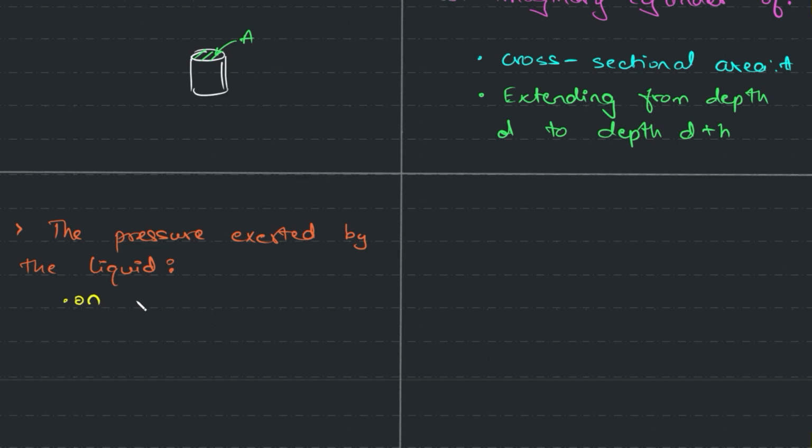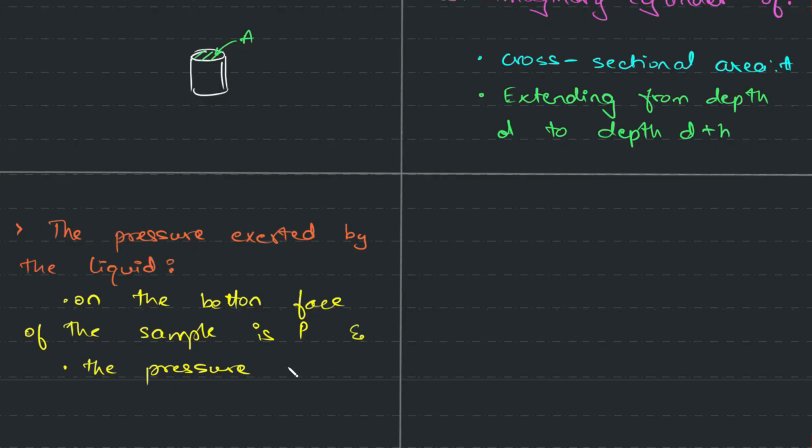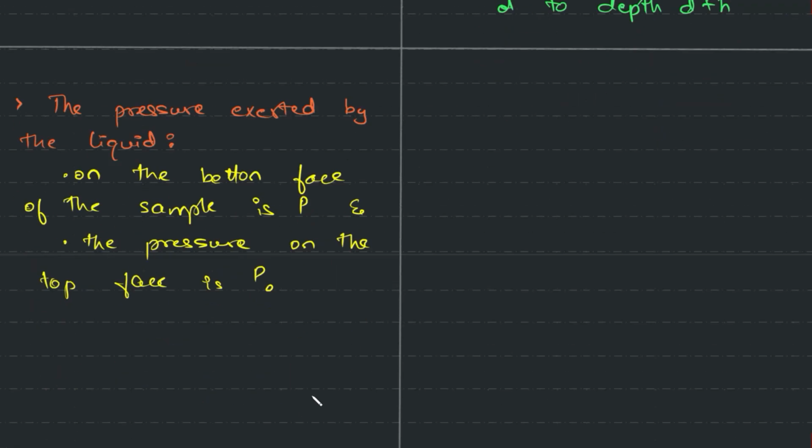Since we are talking about pressure, actually, let me use the word pressure. The pressure at the bottom face of the sample is P, and the pressure on the top face is P naught.